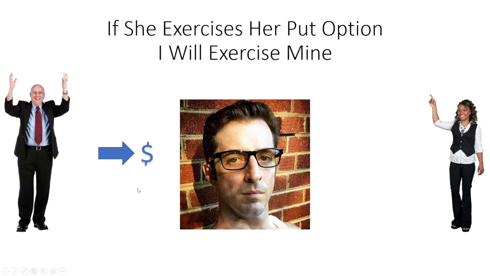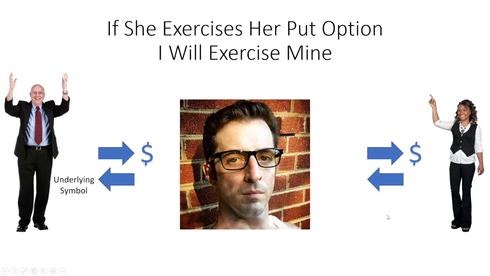So they're going to give me some money. And then with that money, I'll be able to buy my buyer's underlying symbol. Could be a stock, ETF, index, could be anything that's optionable. Then they're going to give me their underlying symbol, which of course I'm going to hand over to the person I purchased my put from.